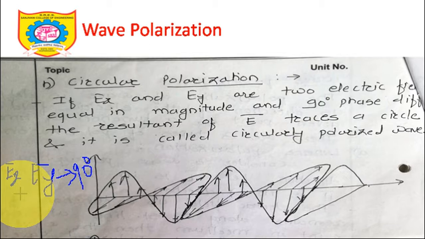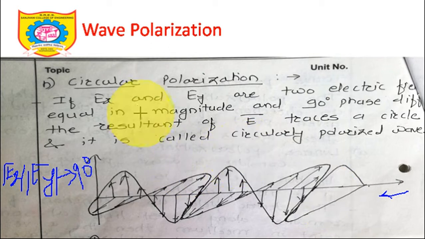First thing is that. Is there any other condition for that? Yes, the amplitude of Ex should be equal to the amplitude of Ey, or Ex equal to Ey. If both of them have equal amplitude with a 90-degree phase shift, the resultant wave, from the observer observing from this side, traces a circle, and we say that it is circularly polarized.